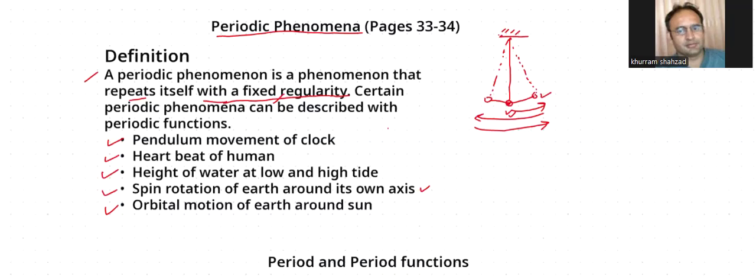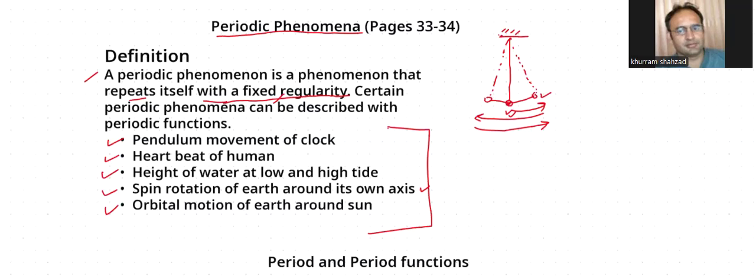Now, the orbital motion of the Earth around the Sun is responsible for the weather changes, and we know that this is 1 year. In 1 year, the Earth completes a revolution around the Sun. So these are a few very good examples of periodic phenomena.